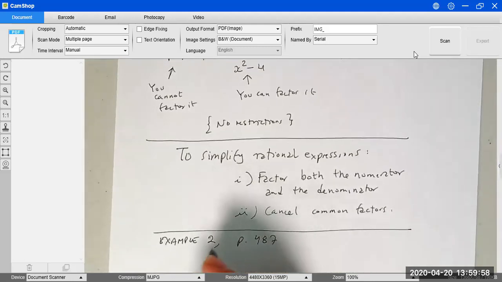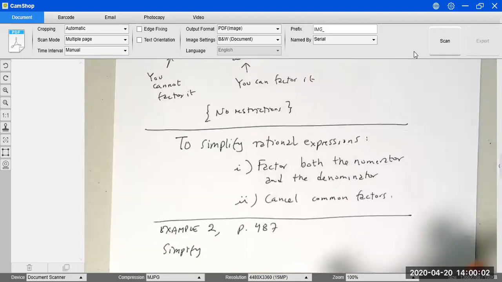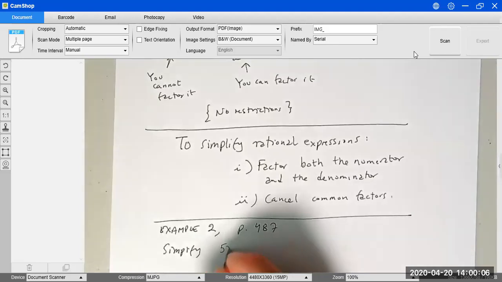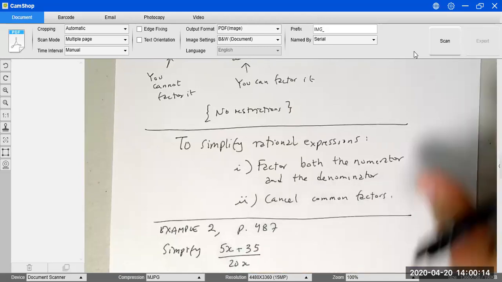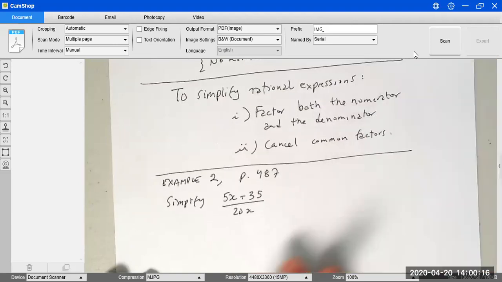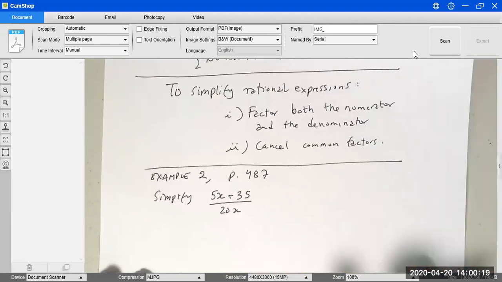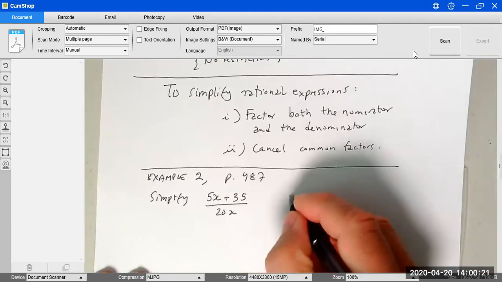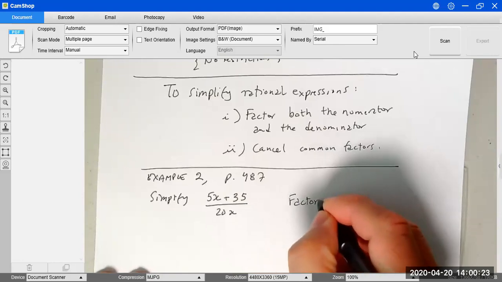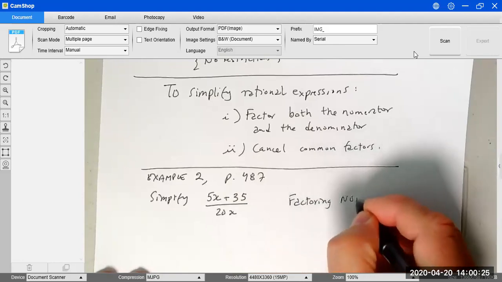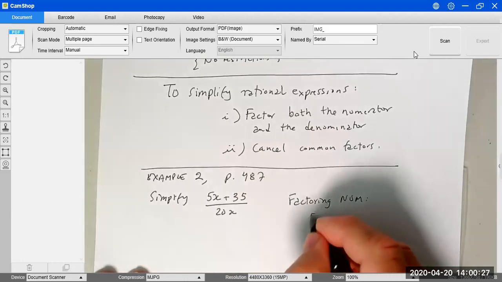So we have to simplify 5x plus 35 over 20x. Let's see. I'm going to factor the numerator first. So I'm going to write here factoring the numerator. So I have 5x plus 35.